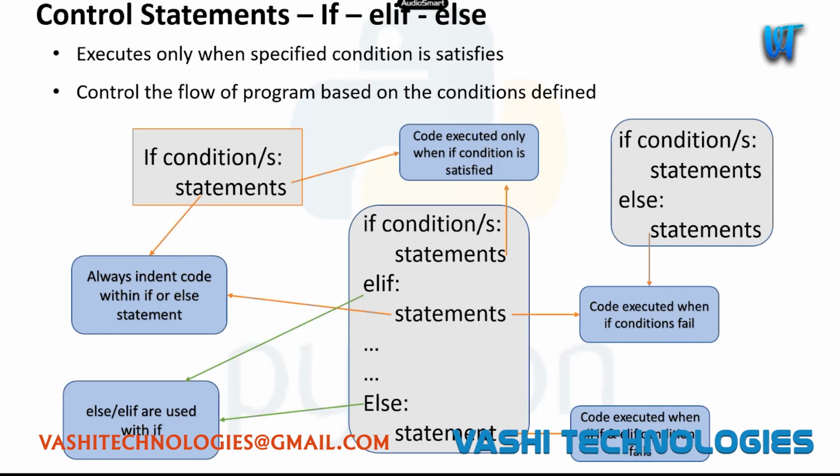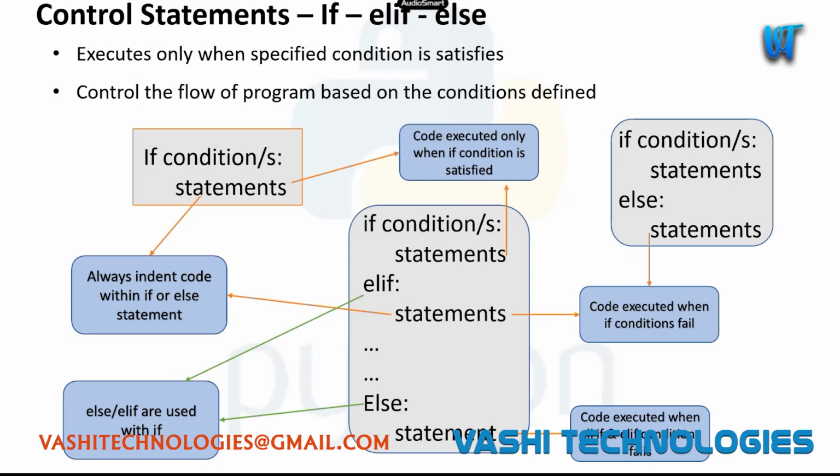Based on some defined set of conditions, this will decide whether they need to execute the following code or not. Okay. So basically we have three types of statements here.